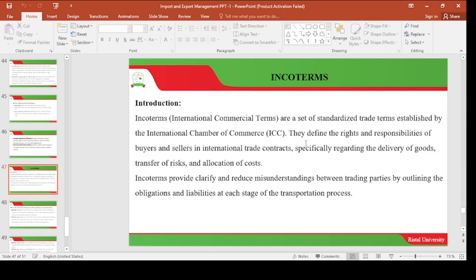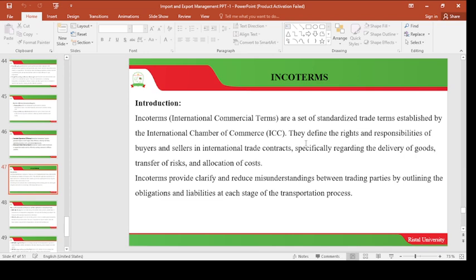Because, for example, if you're moving goods from Japan to Juba in South Sudan, there are some international commercial terms attached to the terms and conditions of this transaction or this sale. So we shall look at these international commercial terms in detail as we continue with our discussions.